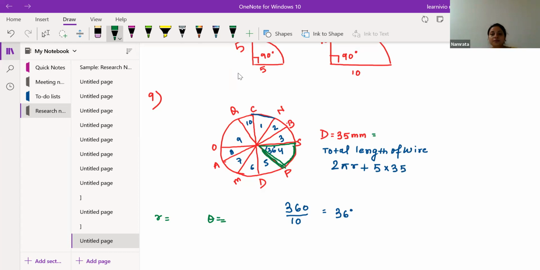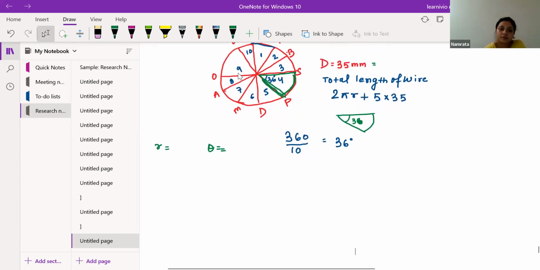Got it? Any confusion? No, ma'am. Okay. So this is how we can find it. Whatever method feels easy, either the first one or the second one.